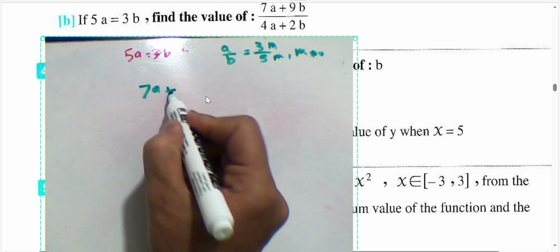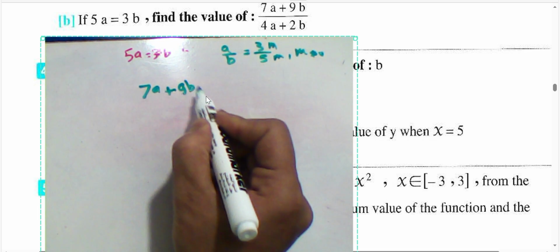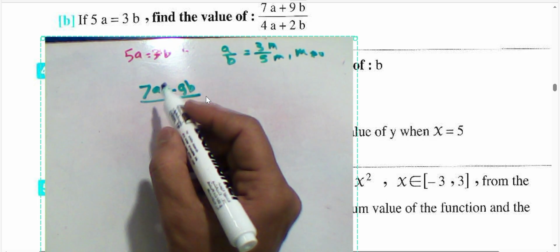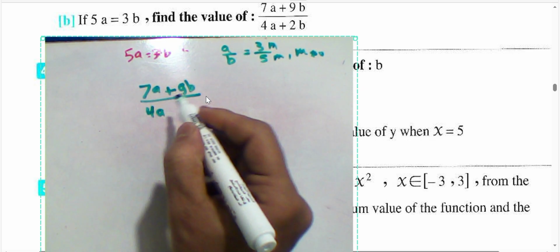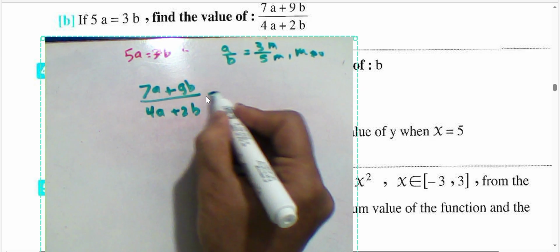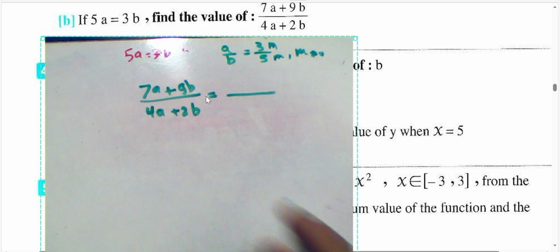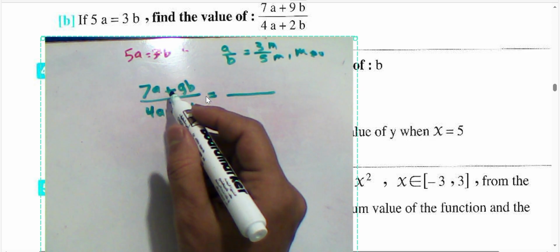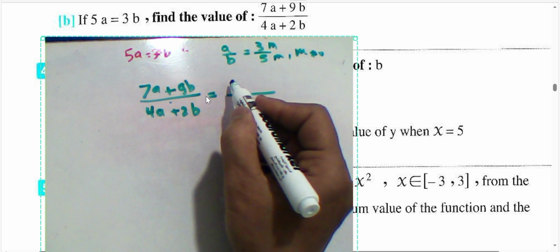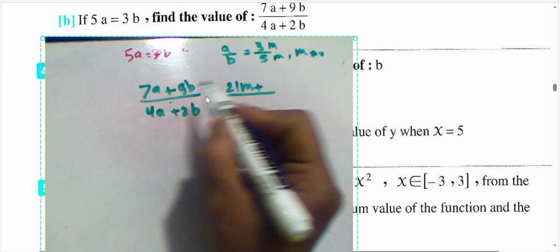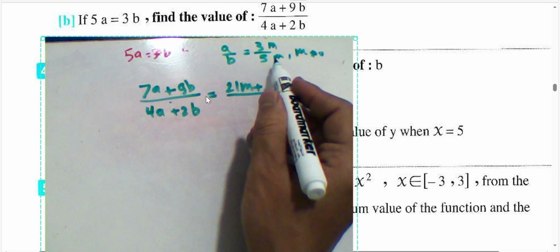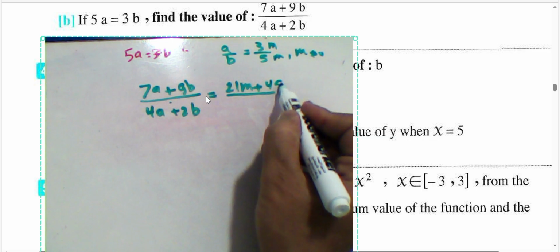Then 7a plus 9b over 4a plus 2b. 7 times a equals 3m, 3 times 7 equals 21, and 9 times b equals 5m, 5 times 9 is 45.